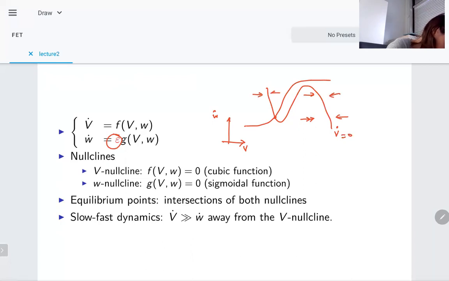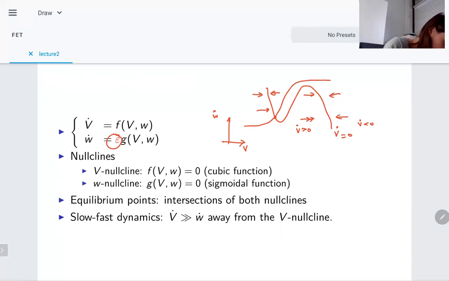Here I'm also using what I already know about the direction. We should see that on this part of the phase plane V dot is positive, while here V dot is negative, etc. So here I'm using a lot of information that I already have. But the vector field looks like this.